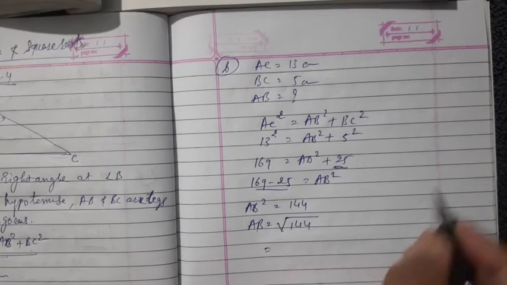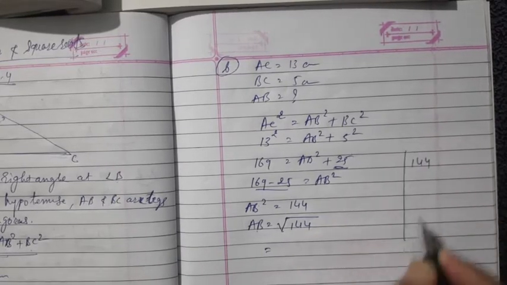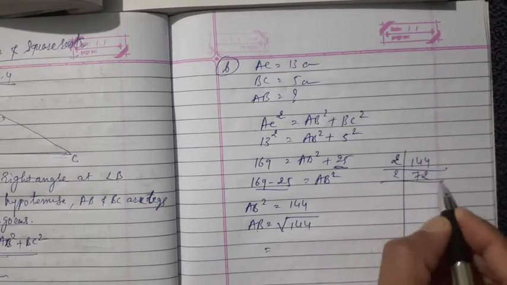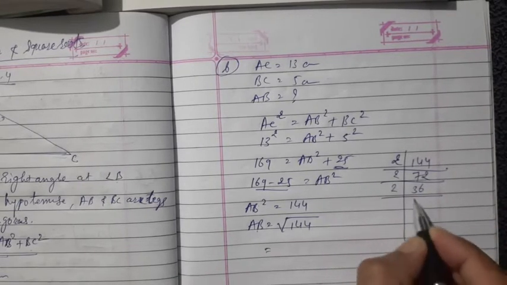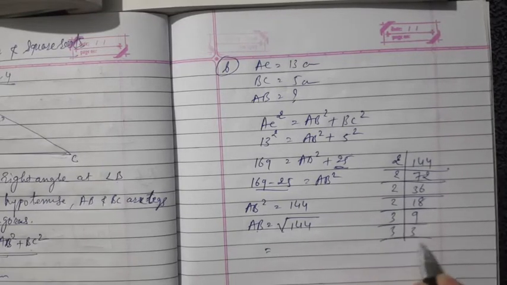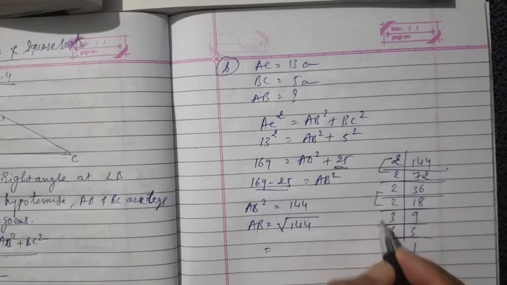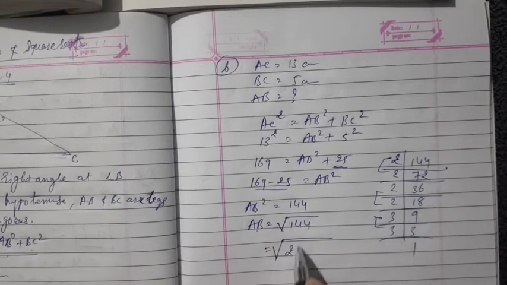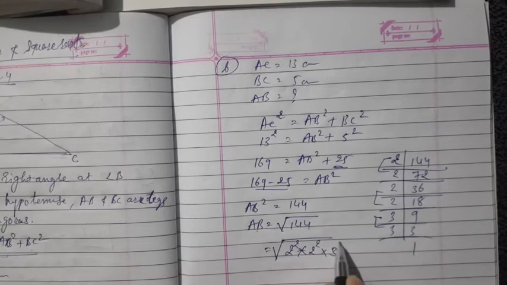Now factorize 144: 2 72s, again 2 36s, 2 18s, 2 9s, 3 3s, and 3 1s. Make pairs.